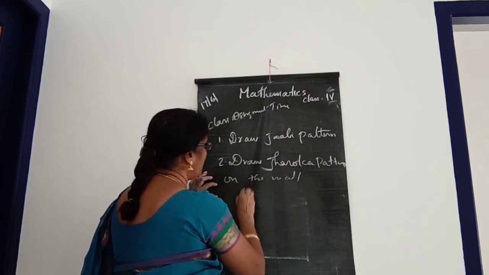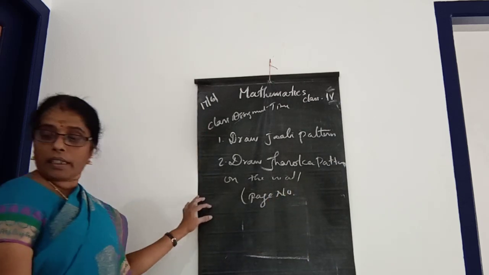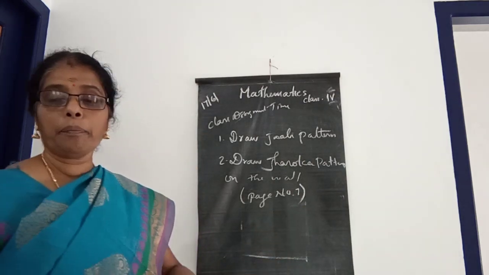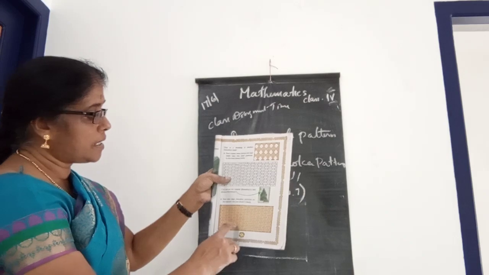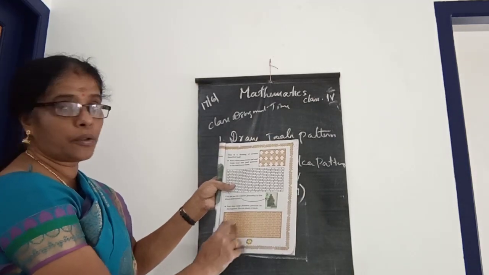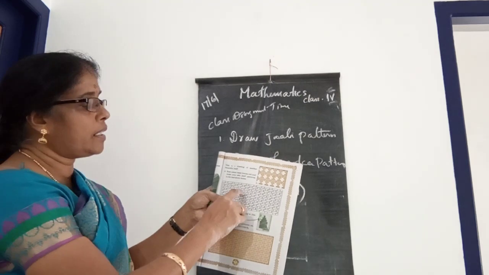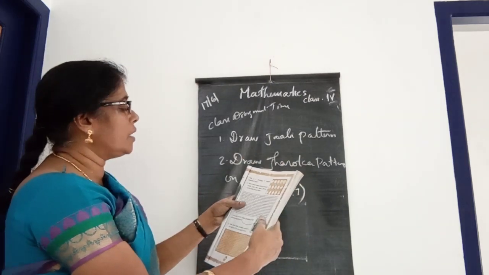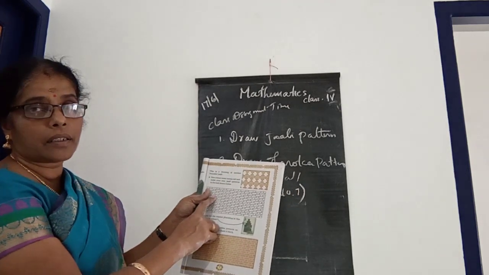That is page number 9, children. That space is already given there. Page number 7. On page number 7, you can draw the jali pattern here, and this Jaroka pattern you can draw here, and you have to give shade also, and here you can give red color. Okay, now color some bricks red and make your own jali pattern.